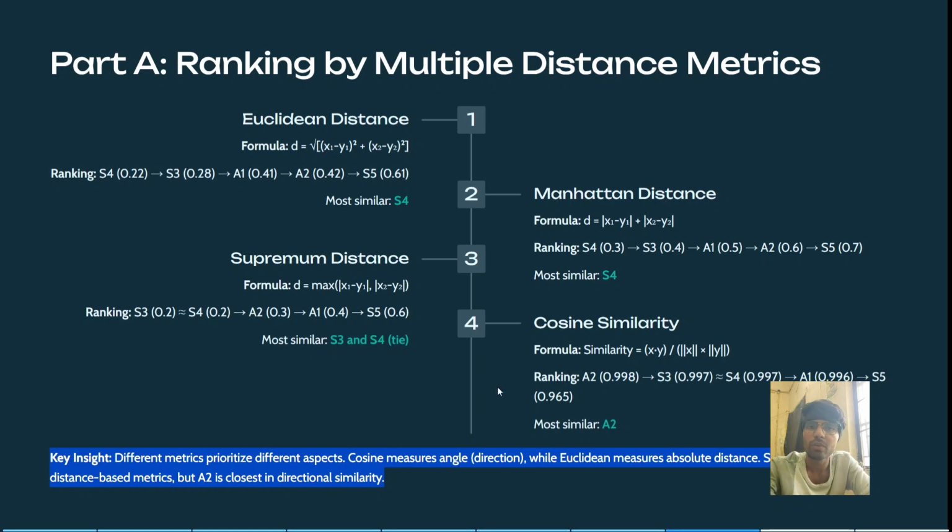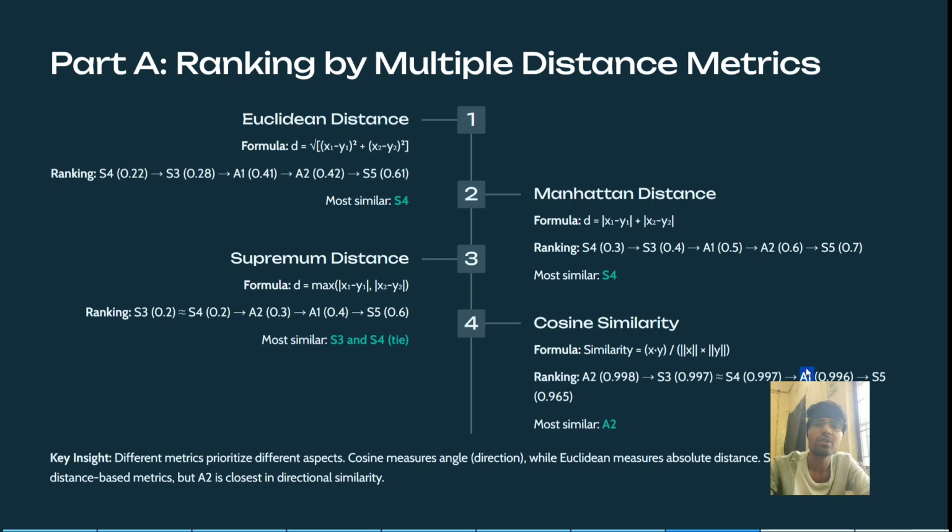For S1 equals (1.5, 2.0), the dot product is 1.4 times 1.5 plus 1.6 times 2, which equals 5.3. The magnitude of S1 is 2.50. Cosine similarity is 5.3 divided by 2.13 times 2.50, which is equal to 0.996.